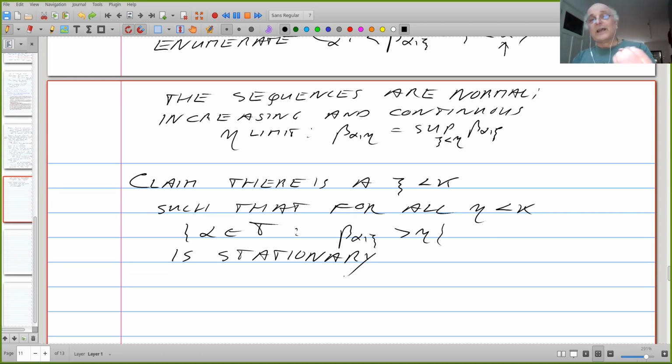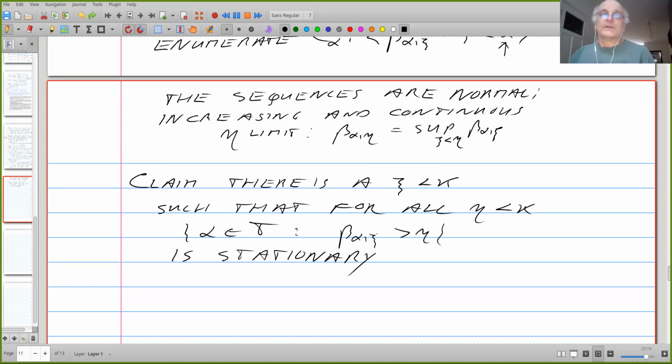There is a single index such that for all ordinals below kappa, the set of alphas for which the xi term in the sequence beta alpha xi is bigger than eta is stationary. This is exactly the same claim as we had at the beginning.